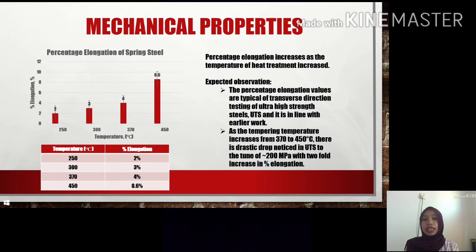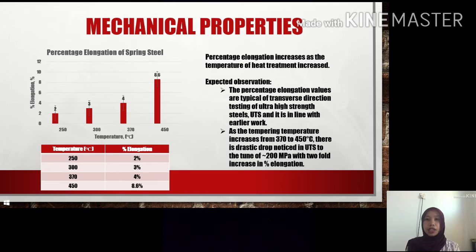For the percentage elongation, I took it from the same journal, the same report. It showed that percentage elongation increases as the temperature of heat treatment increases. My expected observation is that the percentage elongation values are typical of transverse direction testing of ultra high strength steels, and it is in line with earlier work.